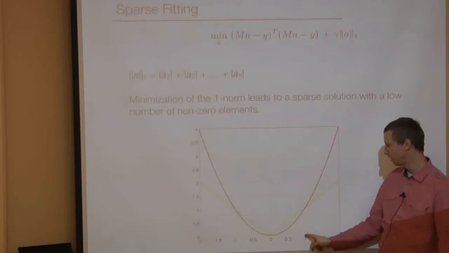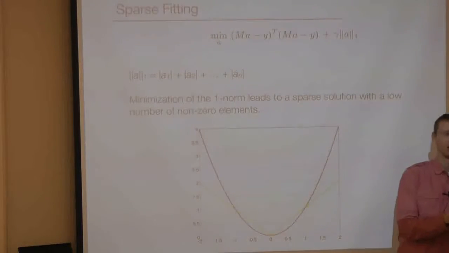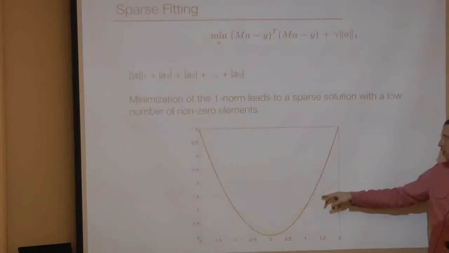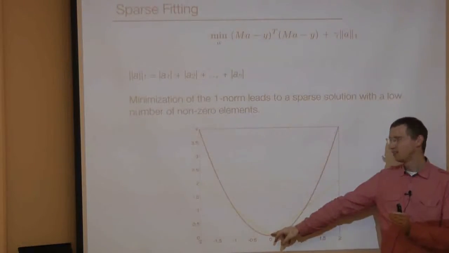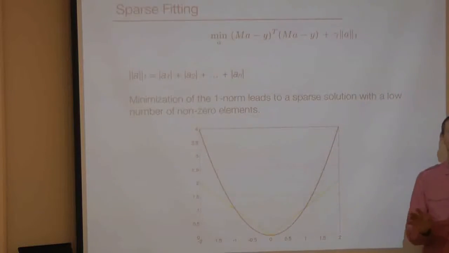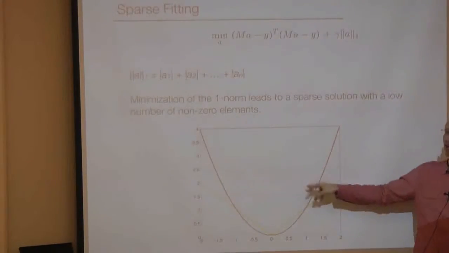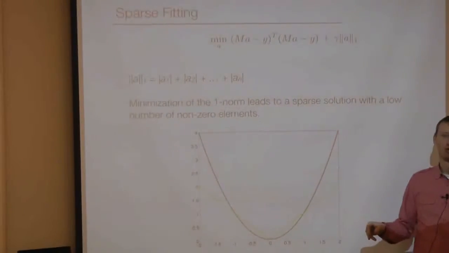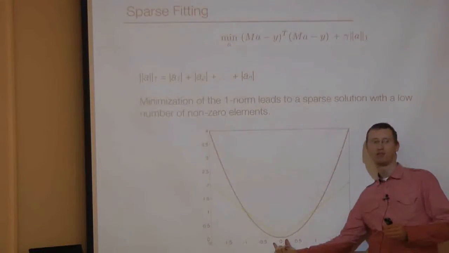If the number is below 1, the square makes it an even smaller number than it was originally. The one norm, on the other hand, is quite selective. The optimum is at 0, and any non-zero value will be penalized equally. That's what makes the difference between the one norm and the square of the two norm: the square of the two norm is rather insensitive to these numbers.